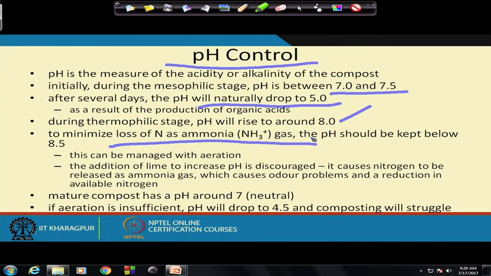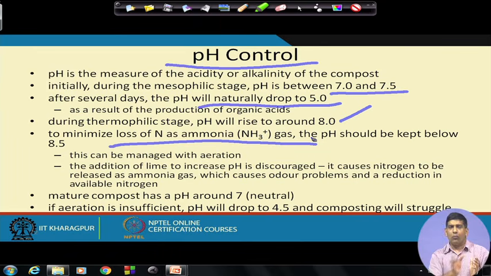So if the pH goes beyond 8.5, your nitrogen gets converted to ammonia gas, and this ammonia gas escapes the system. We don't want that to happen, otherwise we are losing nitrogen, and we need nitrogen in our compost. So we try to keep pH below 8.5.